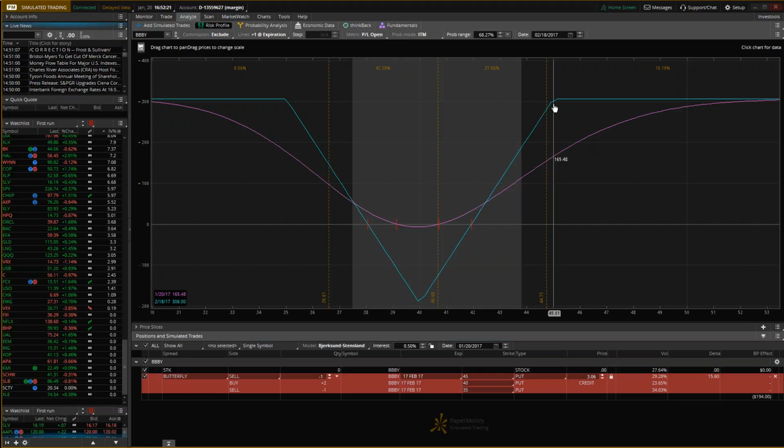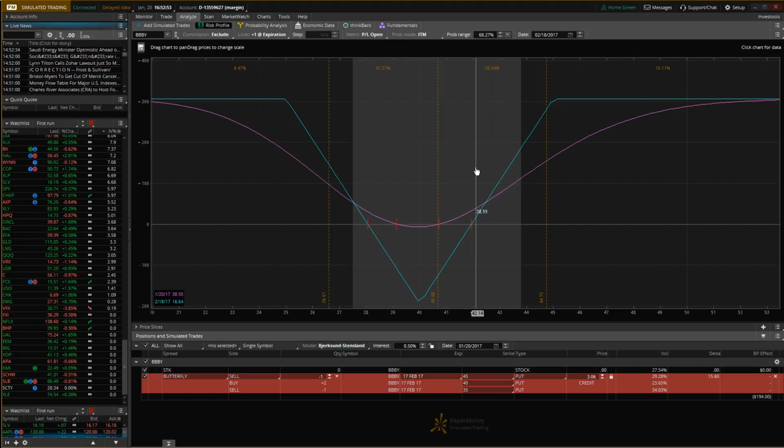As soon as it's trading up and above the $45 mark is where we have achieved our max profit of that $3. And anytime it's gone down below that $35, that's going to be our max profit to the downside. The last thing we want is to come down and pin right here at $40, so we want at least some kind of movement.